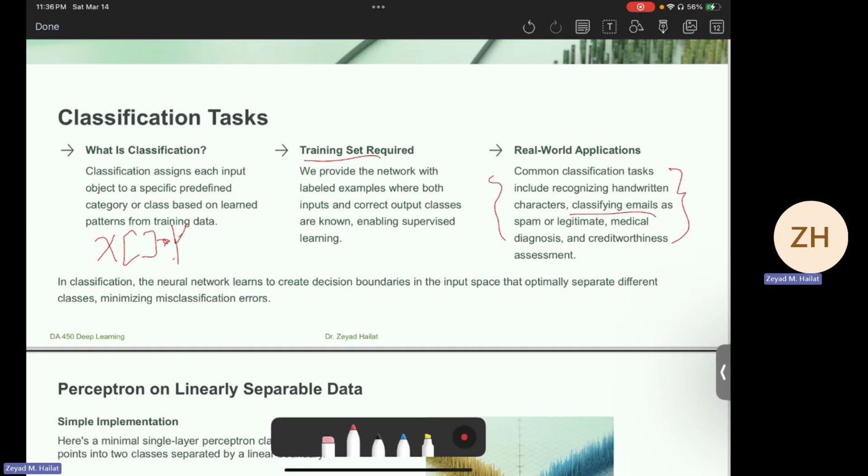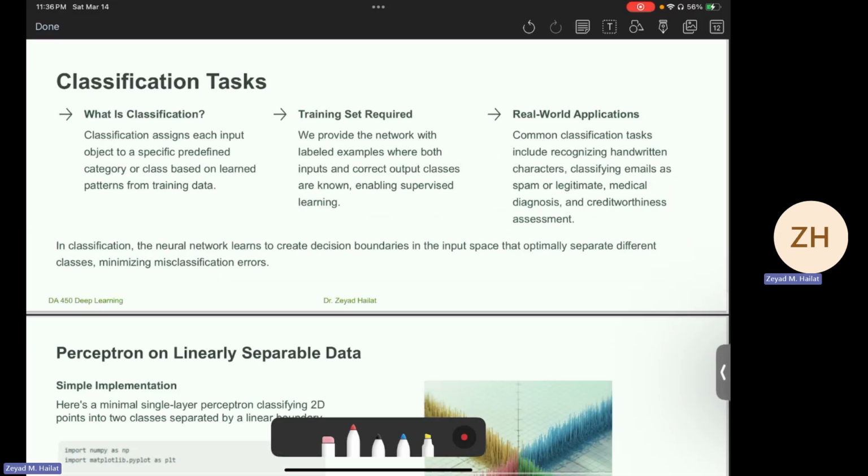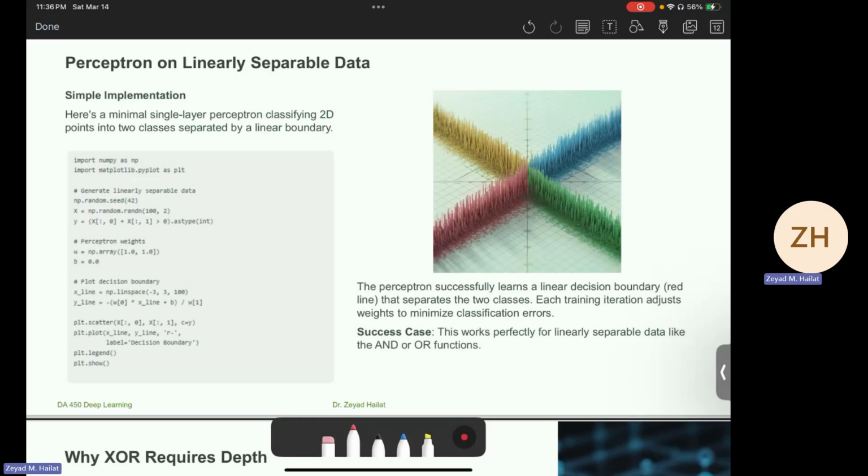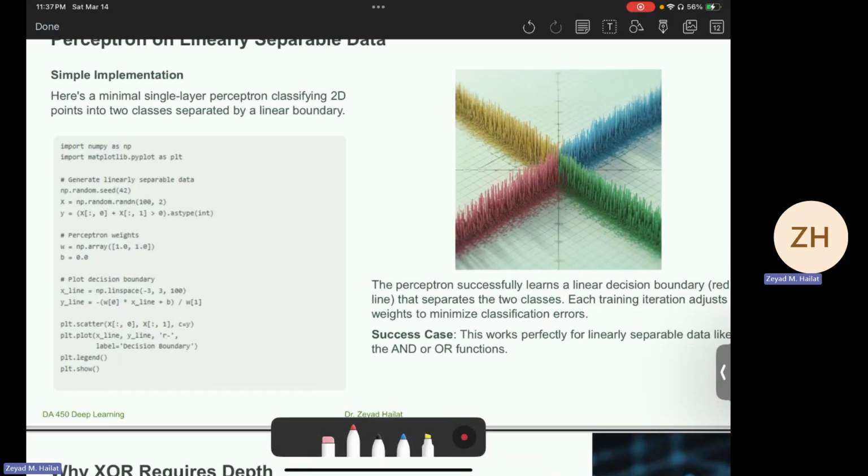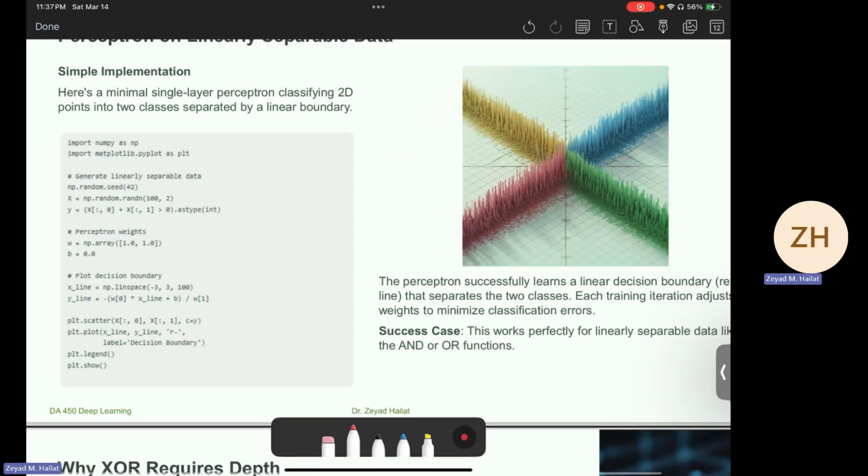Now, if we want to think about it from simple Python code, look at this example in here. This decision boundary is much more complicated. We have four different classes, and we want to find a decision boundary that separates these four classes. If we go with a very simple linear model, it won't be able to capture the decision boundary in here.